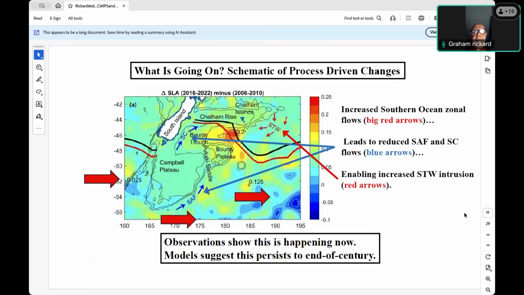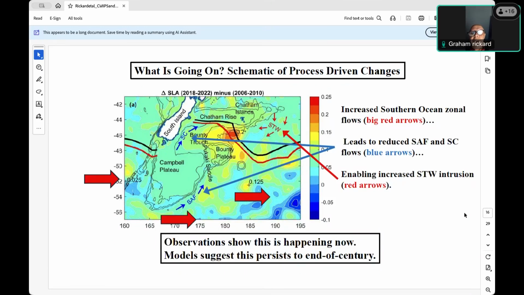Thanks. So what do we think is going on? Here's a schematic of what we think. The big red arrows around the bottom are the accelerated flow in the Southern Ocean, so that's been observed. What we think is going on is that because this flow is accelerated, we seem to be seeing less attached flow entering into Bounty Trough.